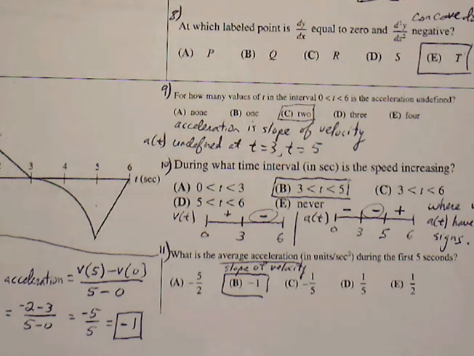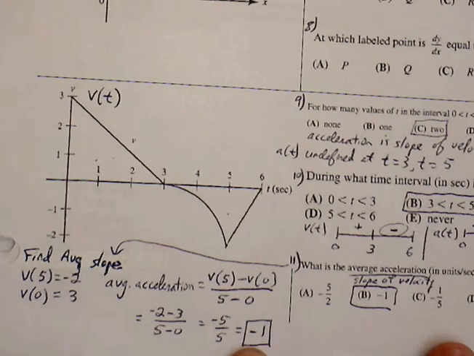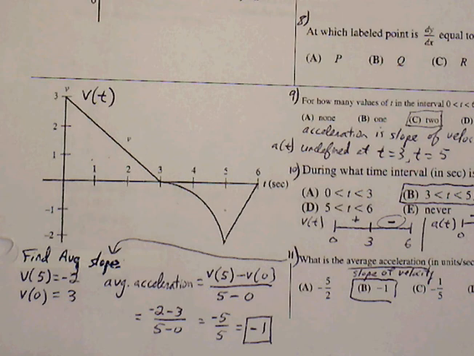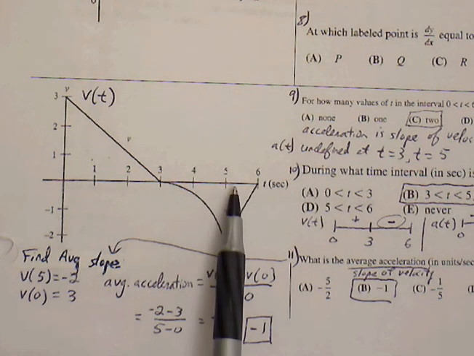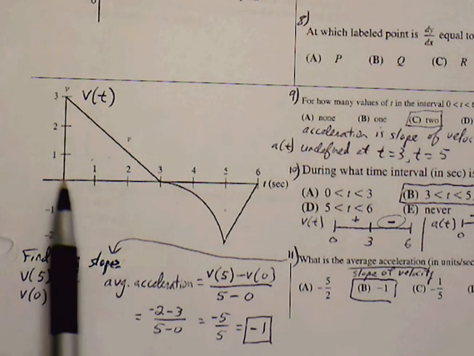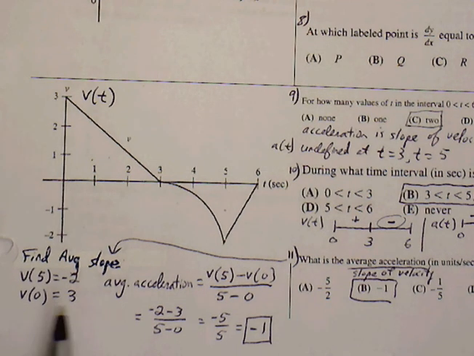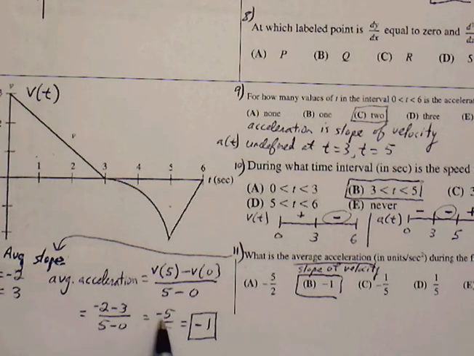So we're looking at the velocity graph. We can find the ordered pairs for velocity, so (5, -2) and (0, 3). So if we just find the change in velocity over change in time, so v of 5 minus v of 0 over 5 minus 0, we get -5 over 5, so that's going to get us -1.